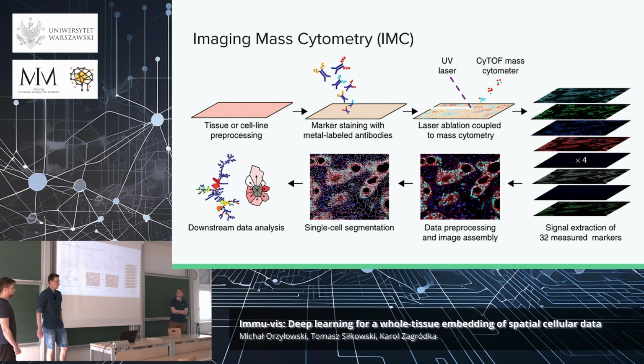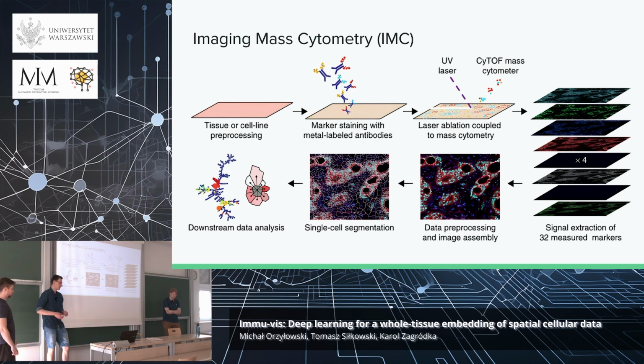Because we use data generated by the IMC method. Imaging mass cytometry is an advanced method for imaging tissues, for detecting single markers.